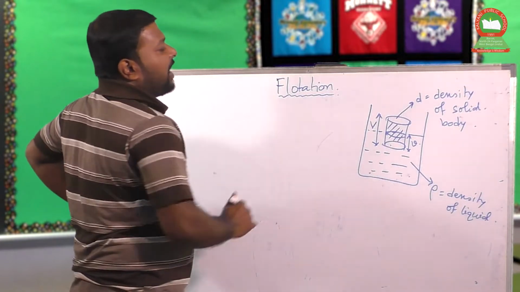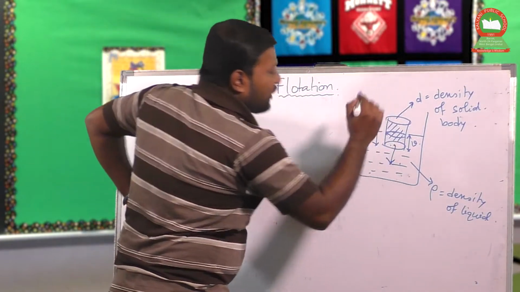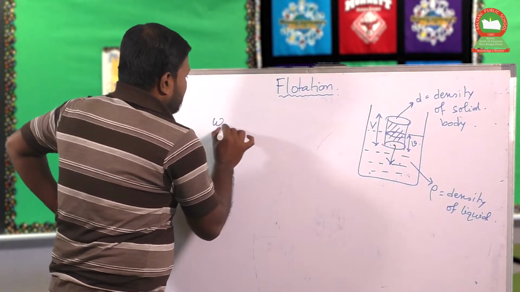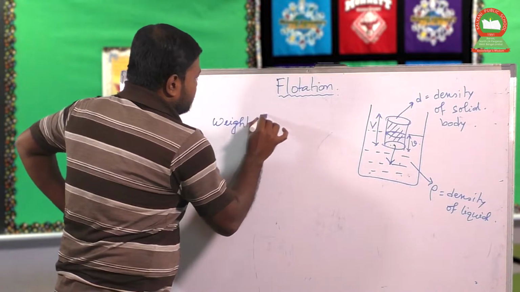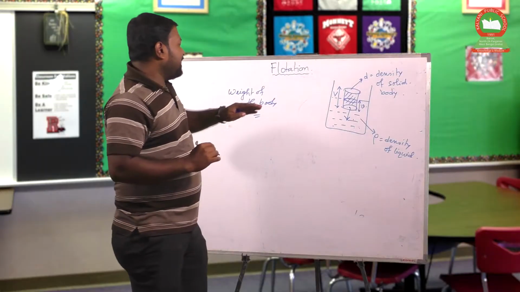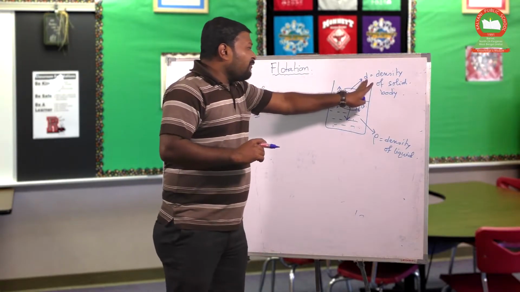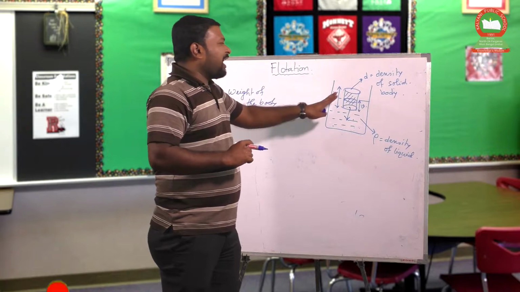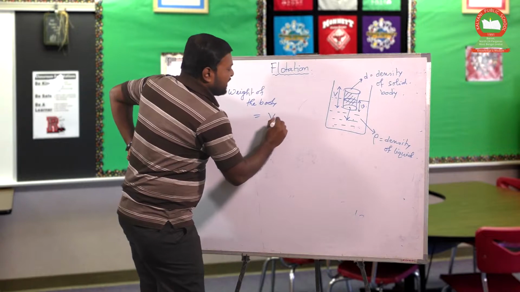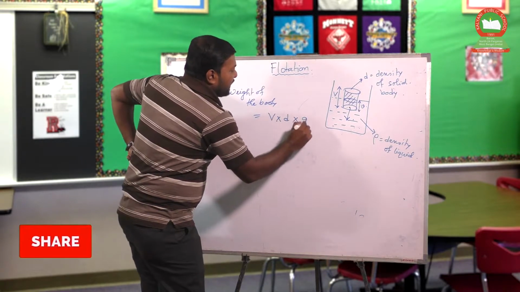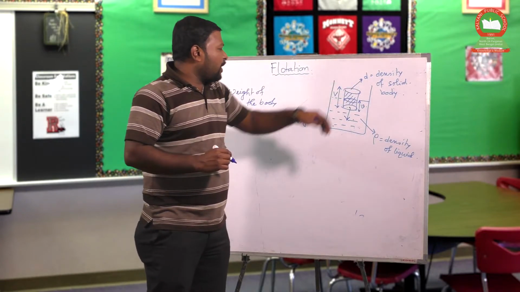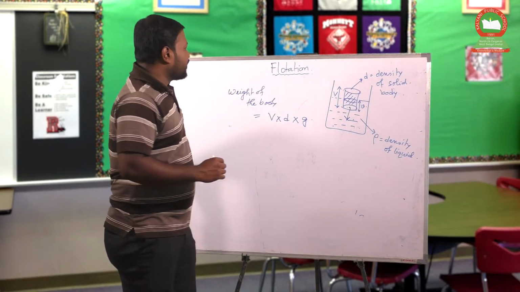Now the weight of that body, which acts in the downward direction, is: weight of the body equals the volume times density times acceleration due to gravity. So it is capital V into D into G, where capital V is the total volume of the solid, D is the density of the solid, and G is the acceleration due to gravity.